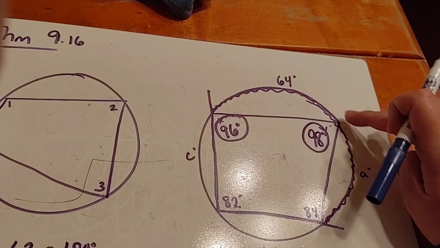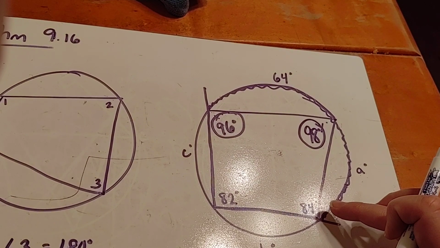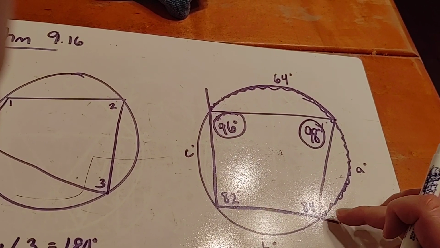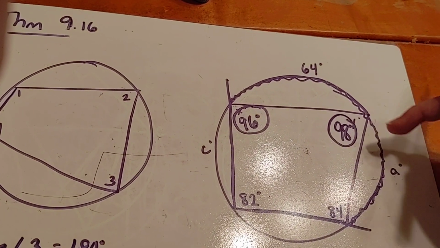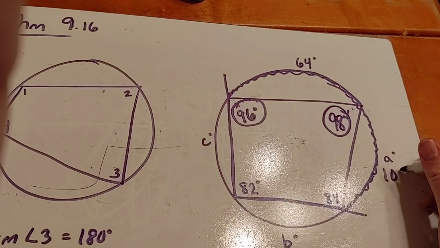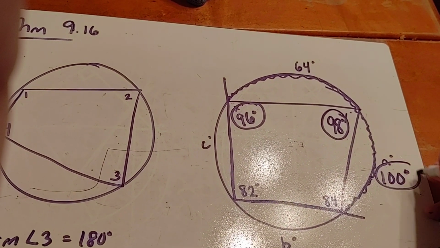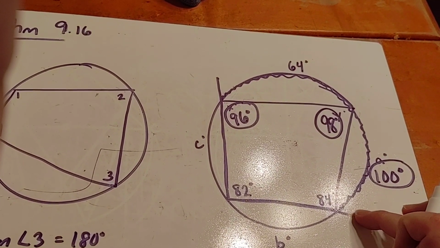This huge arc is double that, or 164. Now, if this whole thing is 164, and I already used 64, that means A is 100 degrees. All right, so we're slowly solving the mystery here.